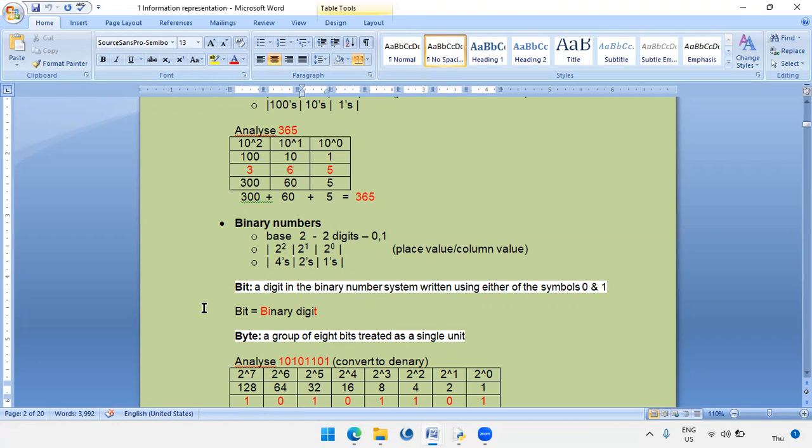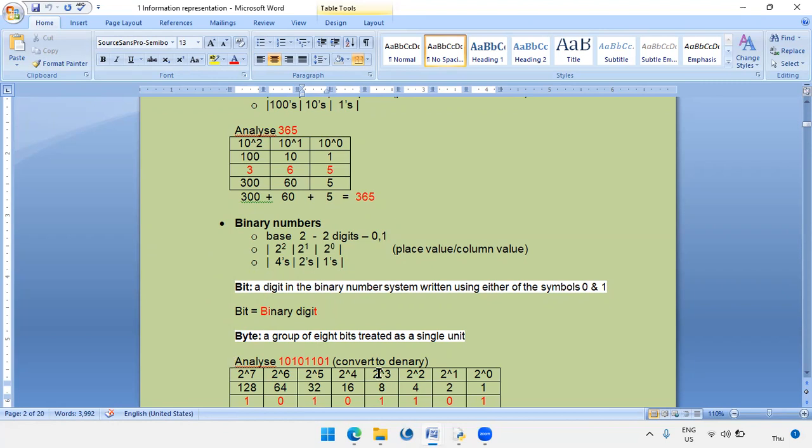What is a bit? A digit in the binary number system, written using either of the symbols 0 or 1. Only those two digits are used. And how did the word come about? Bit comes from binary digit. It's not the initials like you normally get, but bit came from these two words.